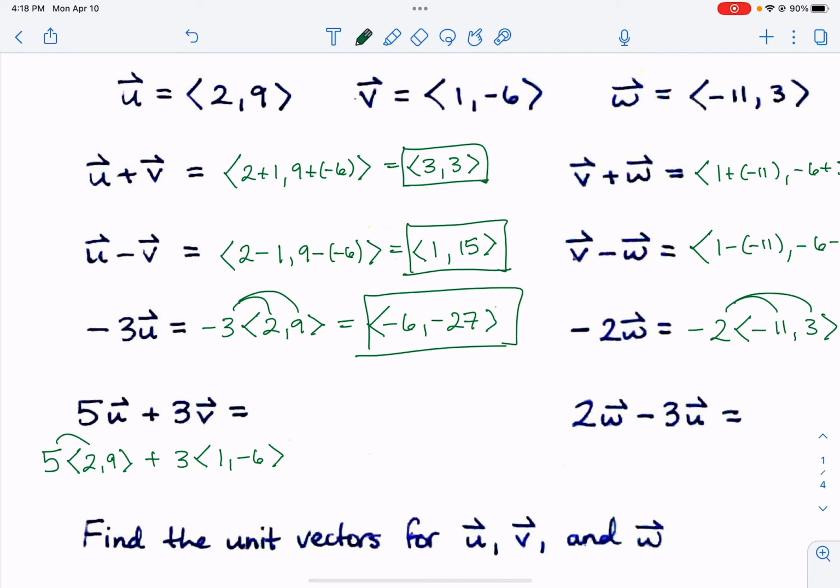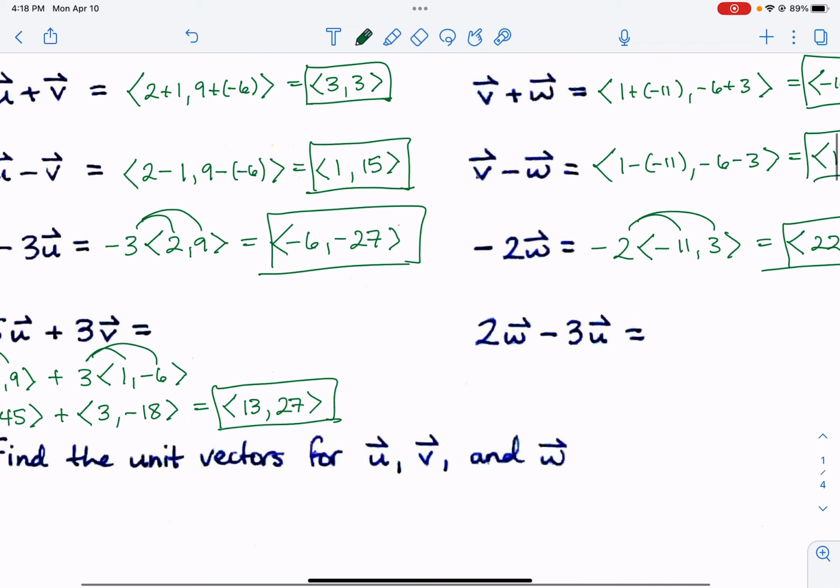So distribute the 5, distribute the 3. That's our first step. So we get 10 comma 45 plus 3 times 1 is 3. 3 times -6 is -18. And then we add them together. So now we're going to get 10 plus 3 is 13. 45 minus 18 is 27. Boom. So just make sure you're doing that scaling first, because that's what you have to do first.